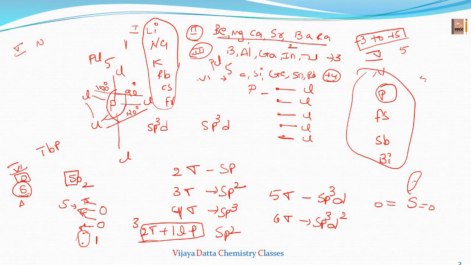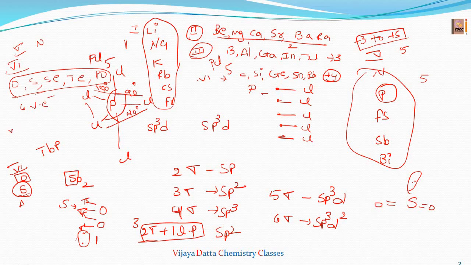They have 5 valence electrons. Next the sixth group elements are oxygen, sulfur, selenium, tellurium and polonium. They have 6 valence electrons.